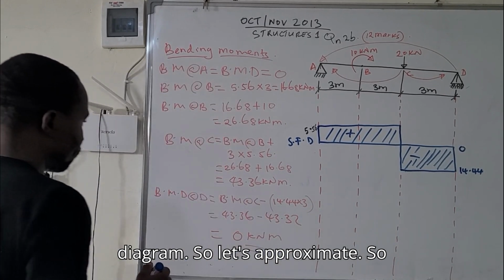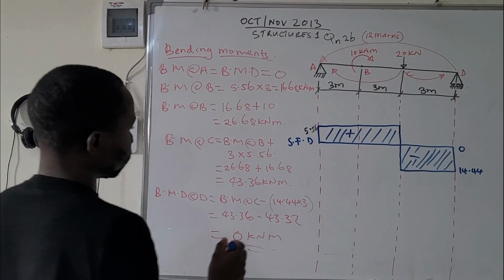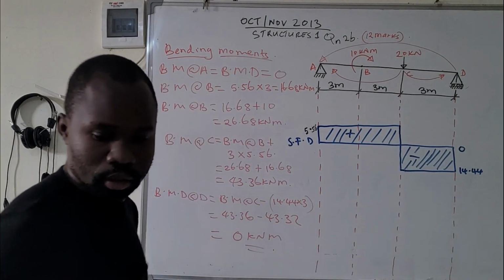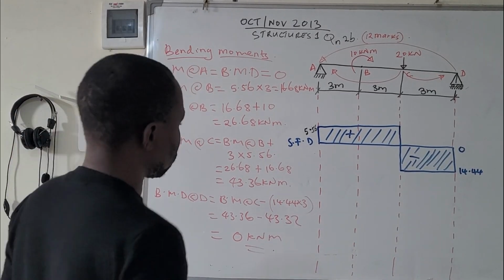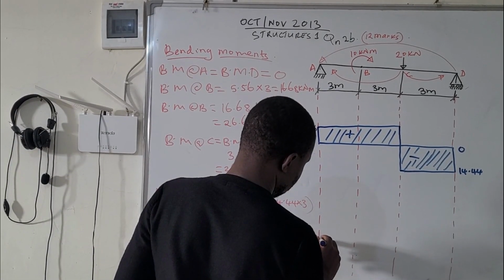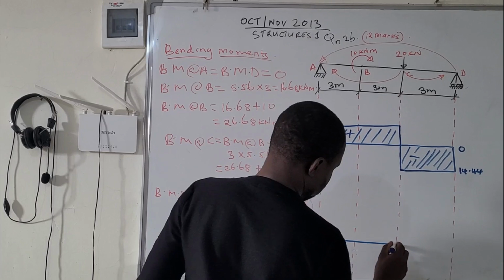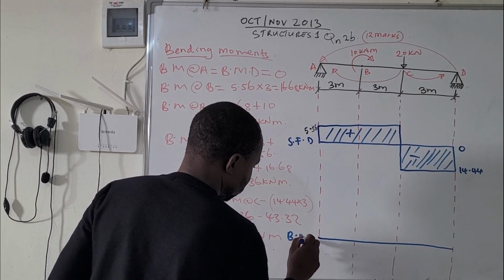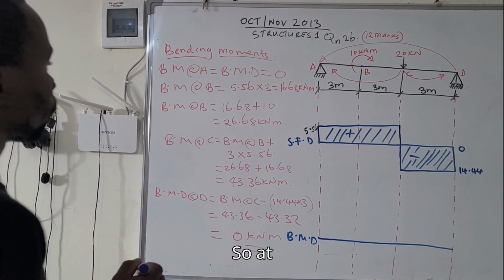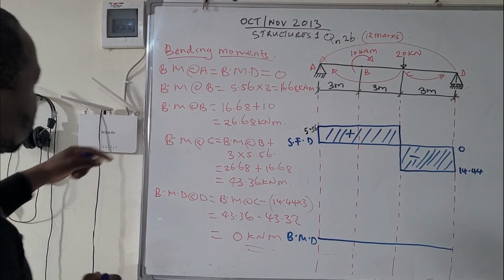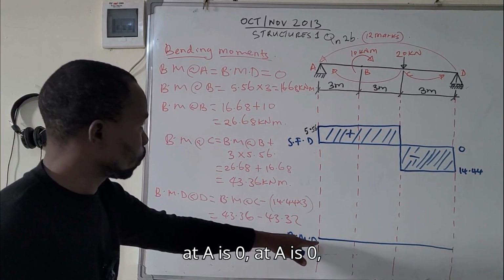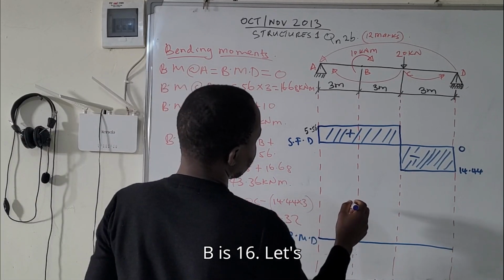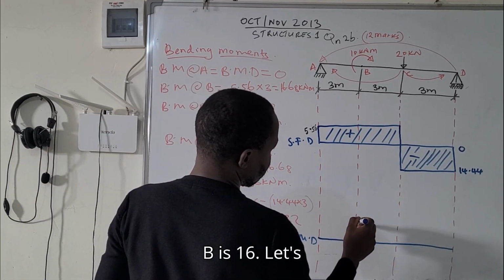So let's approximate. This is the BMD. At A is 0, at B is 16.68. Let's approximate.